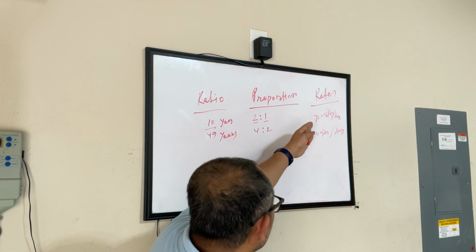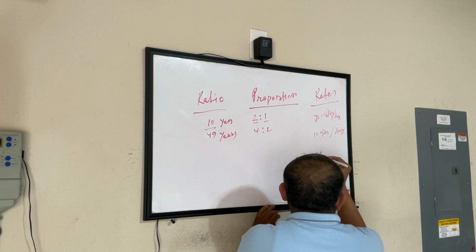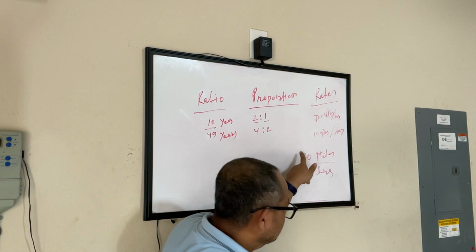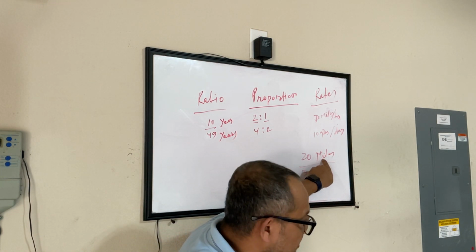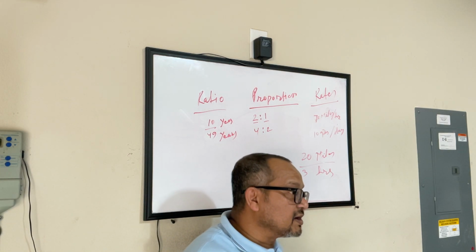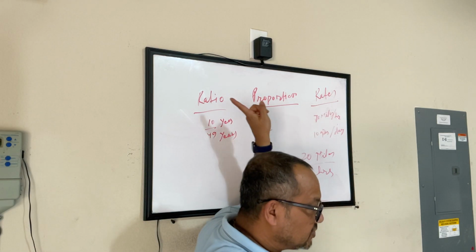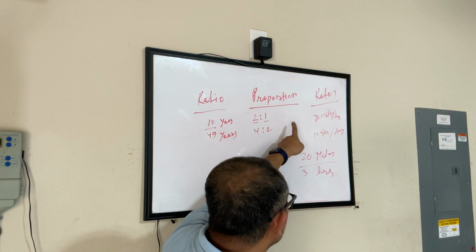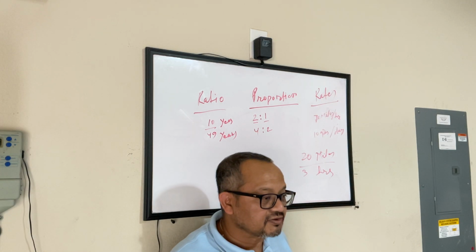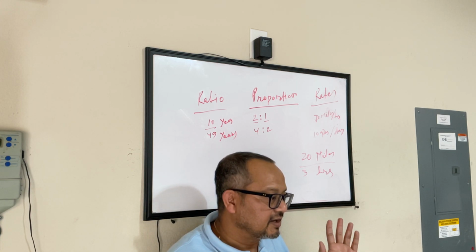If I make it look like a ratio, I'll say 20 miles per 3 hours. So this is a ratio, but my units are still different. That's a fundamental difference you will see between ratio, proportion and rates. Ratio and proportions don't have units, or they have the same unit. But rates are always measured against a different unit. Is that differentiation acceptable to everybody?